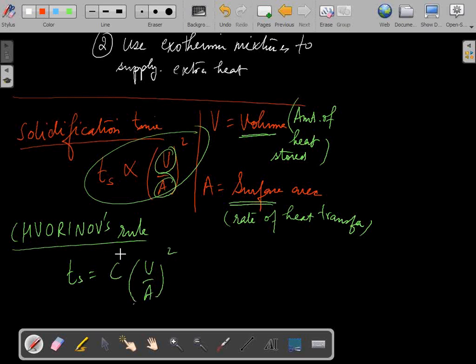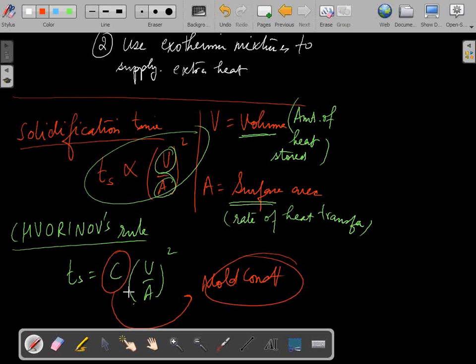So this constant is your mold constant. This mold constant has a unique value depending upon the geometry of the mold, the mold properties, the kind of sand you are using, things like that. So it will be given to you. So with the help of this you can calculate the solidification time.